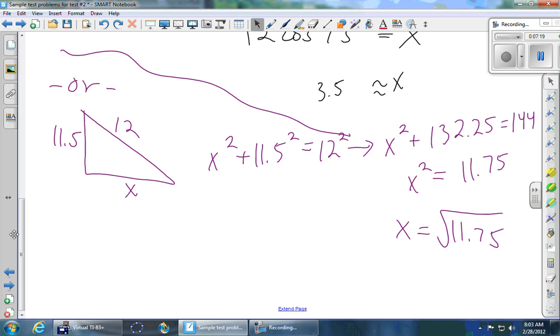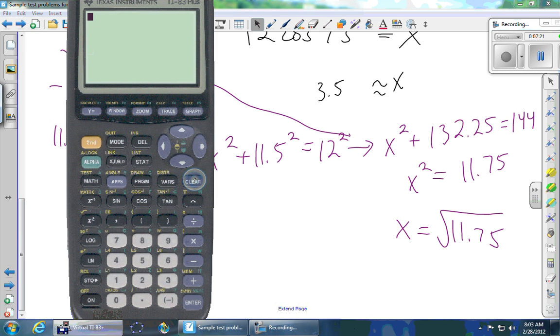Okay, since we're recording, better to be safe than sorry and double check my arithmetic. So first thing I did was 11.5 squared, and that's 132.25. And then we subtracted that from 144. And we got 11.75, and then we want the square root of that.